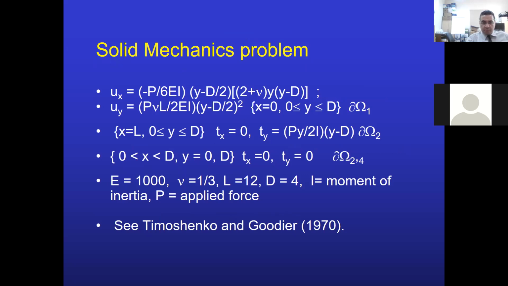Sure, guys who are doing anything in civil engineering are familiar with Timoshenko and Goodier. Anyway, we're using a Young's modulus of 1,000, Poisson ratio of a third, L is 12, the diameter is 4, and I is the moment of inertia, and P is the applied force. Next slide.